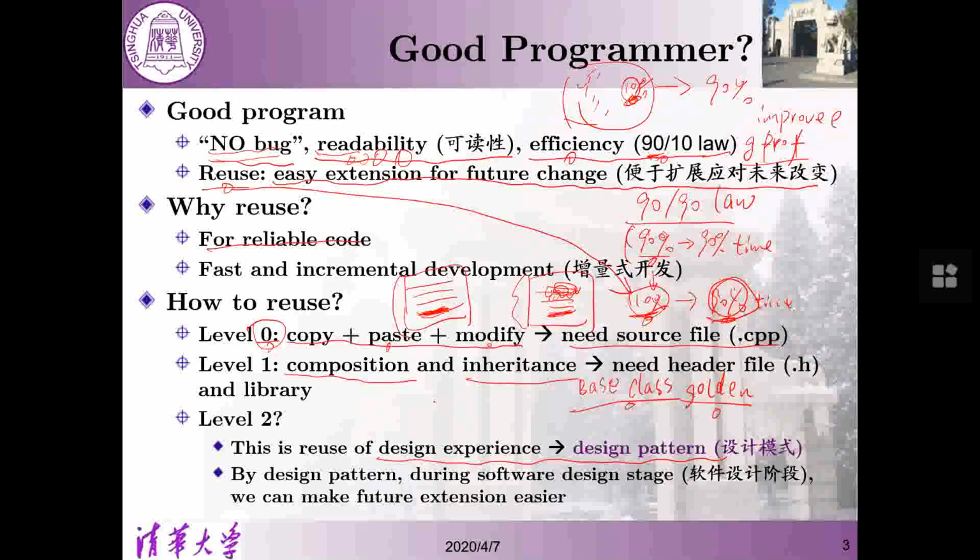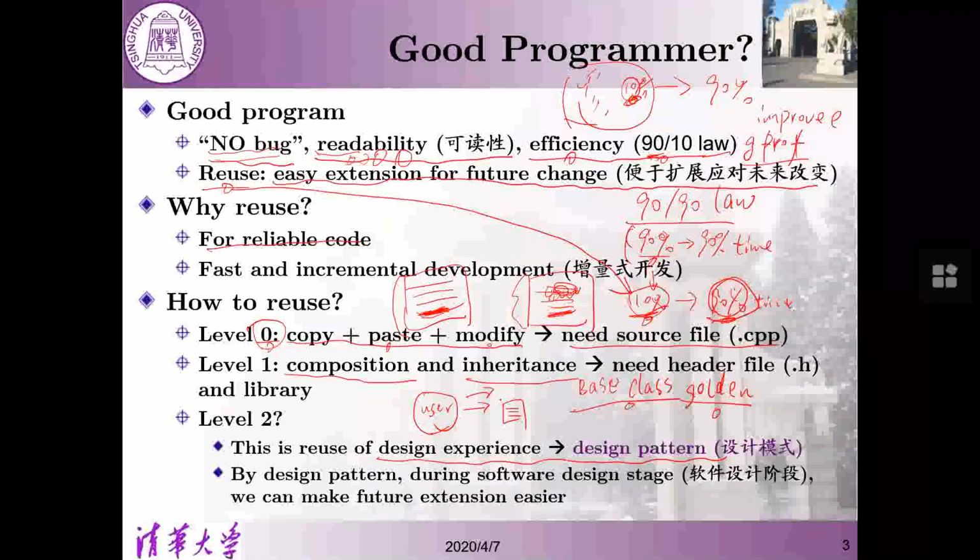Because sometimes the user is not satisfied, right? They make requirements in one day, and then we finish the code, and then another day they make another requirement. We have to modify the code more, right?